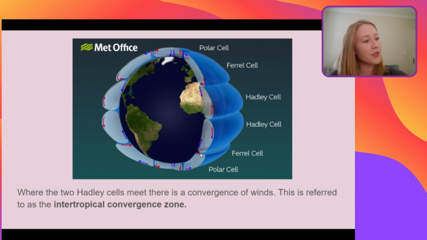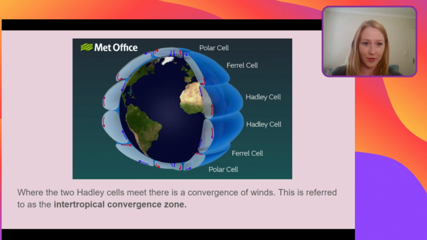And then it moves back towards the equator, or some of it moves back to the equator, the rest diverges towards the poles. The polar area, we have cold air, it's dense and it sinks, and that creates another cycle over there. And the movement of this cycle and this cycle drives the Ferrel cell.